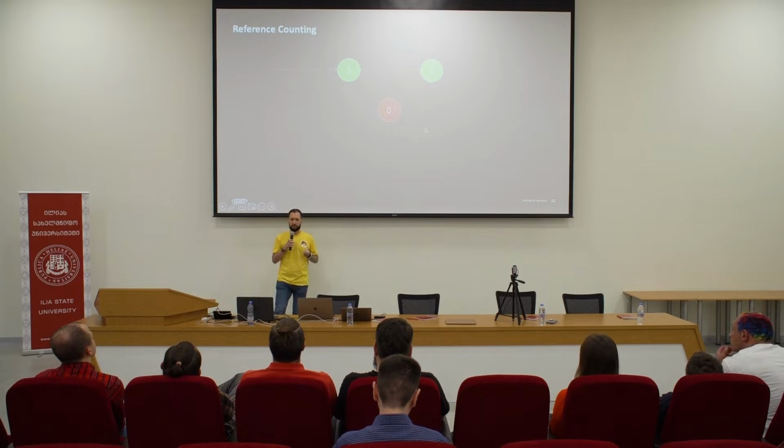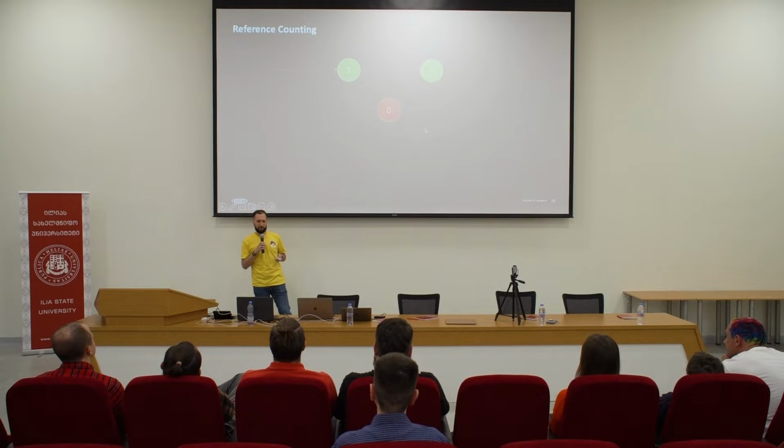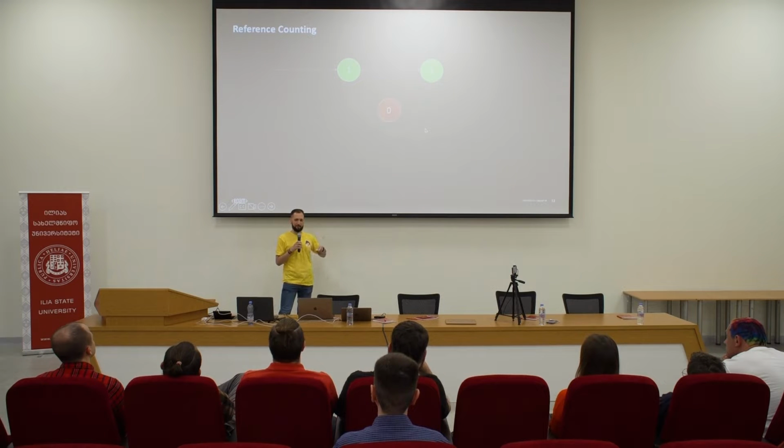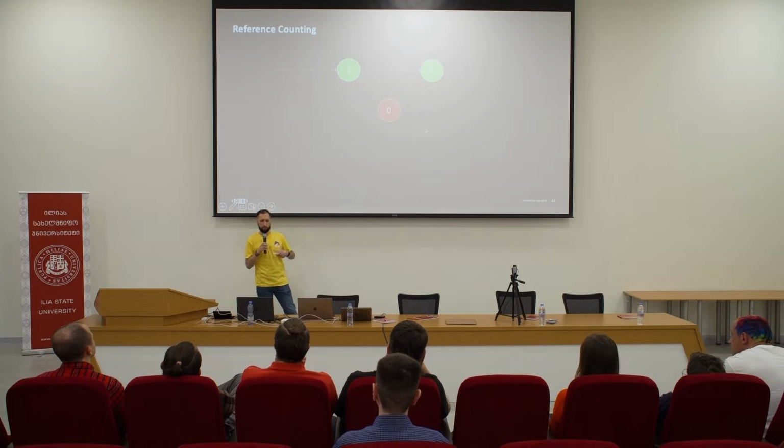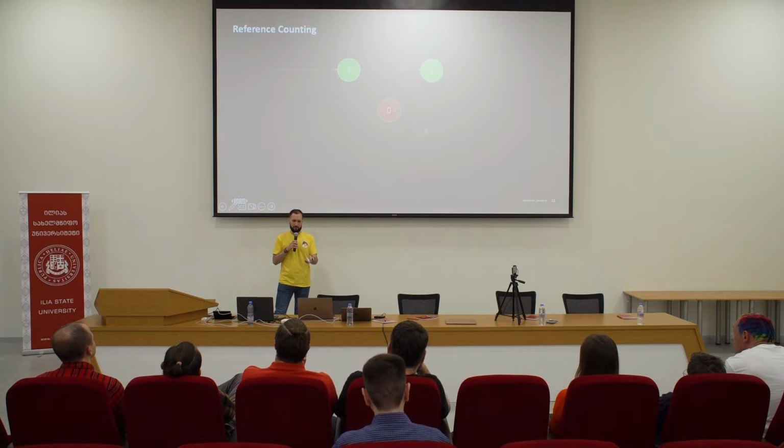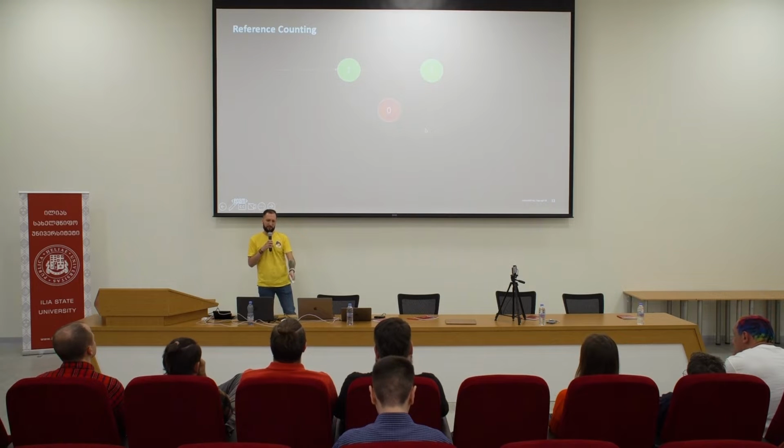For instance, we have such a picture, it's very schematic, but here we have three objects, and two of those objects know that someone from the system references them, and they can store the number of such links to them. So in my example, there is one reference to one object and one reference to another green object, but the red object doesn't have any references.